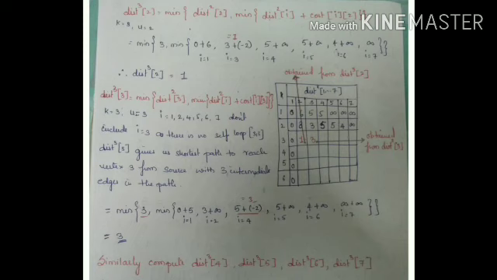So the overall complexity of this Bellman-Ford algorithm, if we make use of an adjacency matrix, is O of n cube, and if you are making use of an adjacency list to represent the graph, then the overall complexity can be taken as O of ne, where n stands for the number of vertices and e stands for the number of edges.